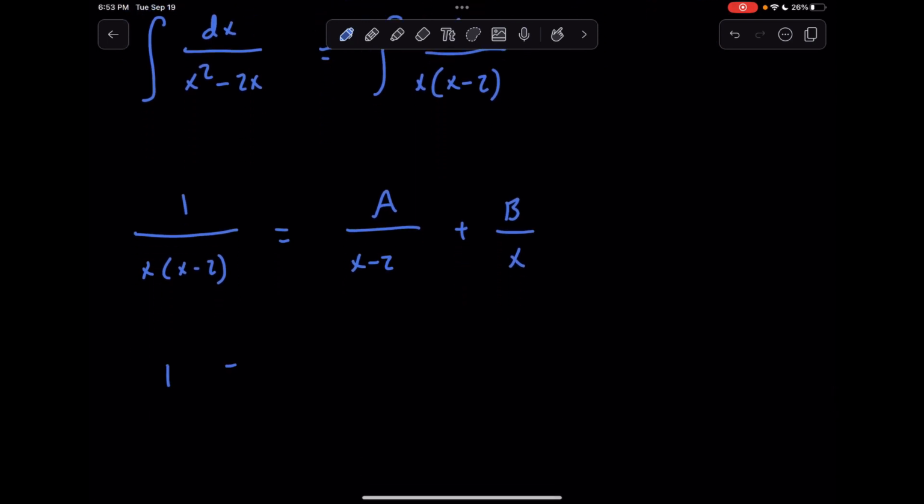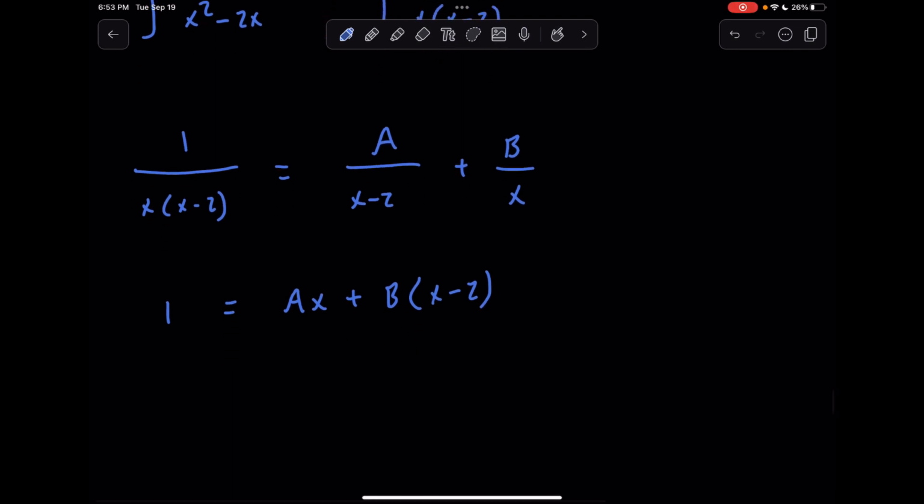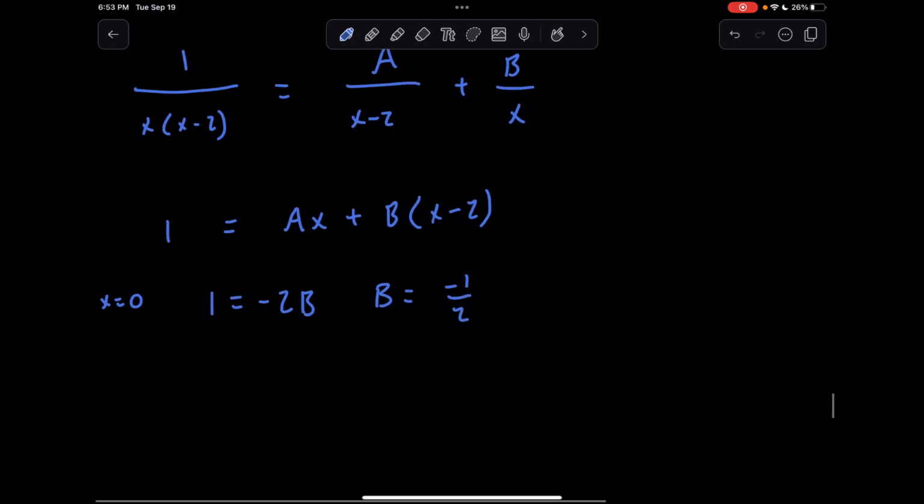So 1 is equal to ax plus b times x minus 2. Now, we know that when x is equal to 0, a will be canceled, so 1 equals negative 2b, or b is equal to negative 1 over 2. And when x is equal to 2, we know that 1 is equal to 2a, so that means that a is equal to 1/2.